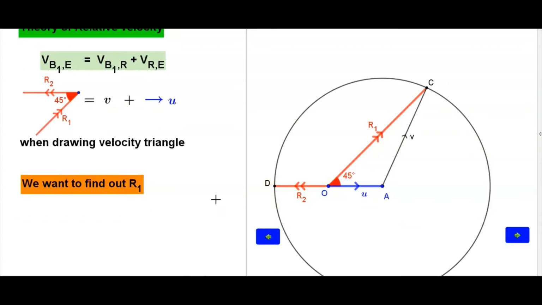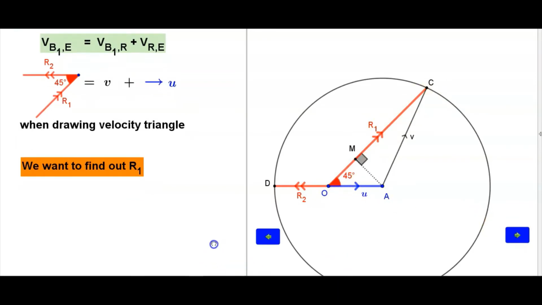Now we want to find the magnitude of R1. How do we find R1? Draw a perpendicular from A to this OC, that is AM. This AM is equal to u sin 45. This is a right angle triangle.